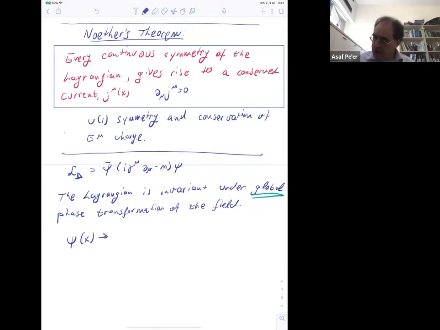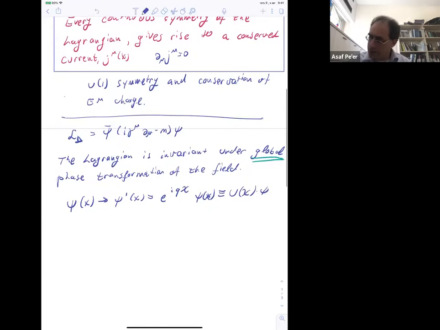And I can transform it to psi prime of x, which is just psi of x multiplied by some phase, e to the i q chi, times psi of x, which can be written as U of chi times psi. Why I wrote it not just as chi, but as q chi, I'll explain in a second. Really, I make a division which is not necessary, within the phase, I wrote it as a q and a chi.